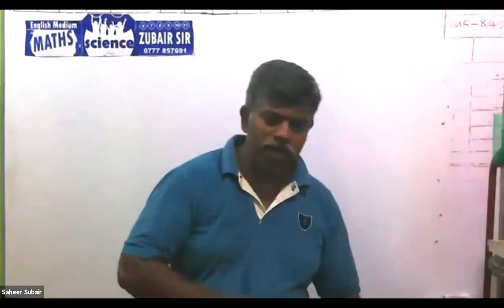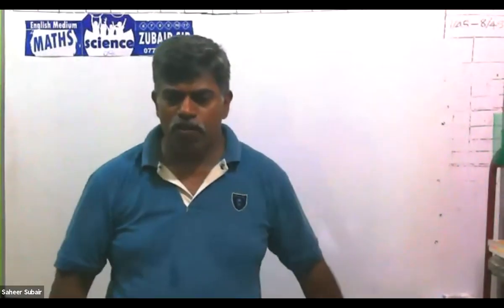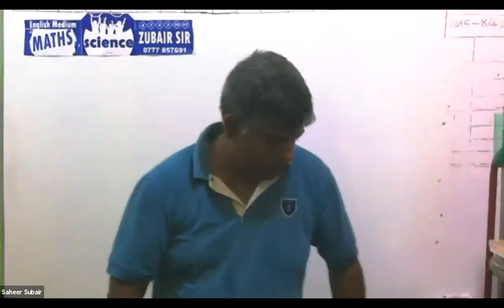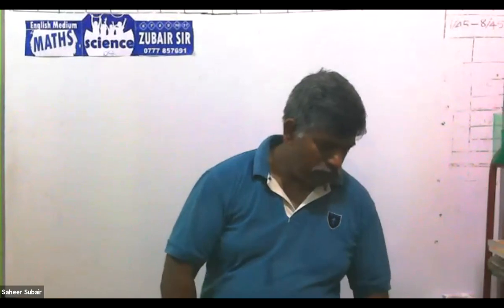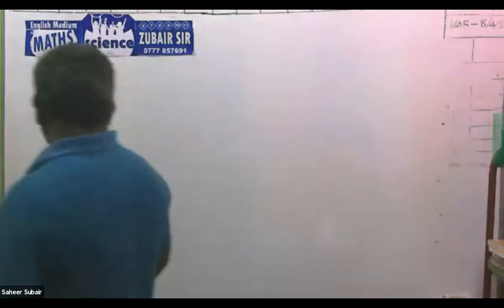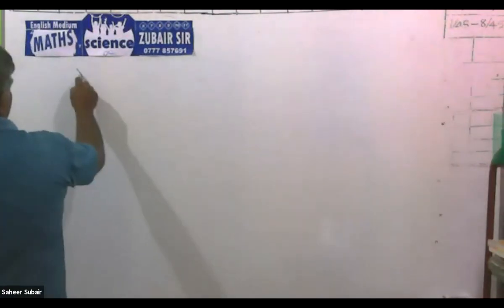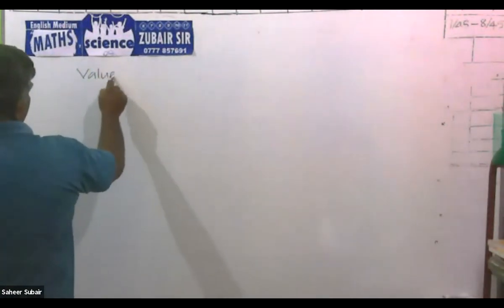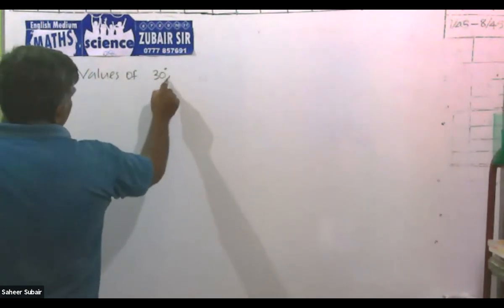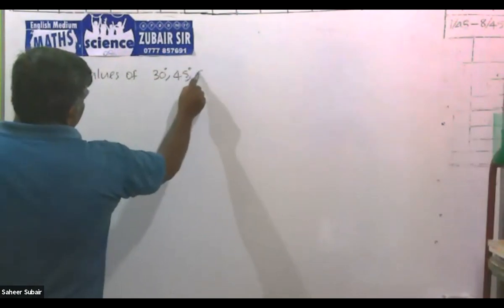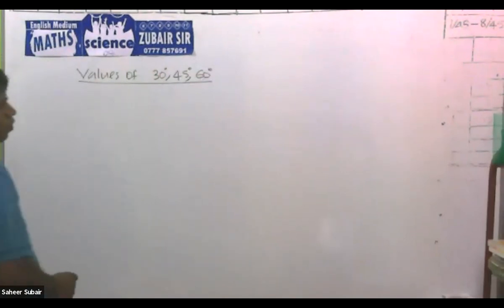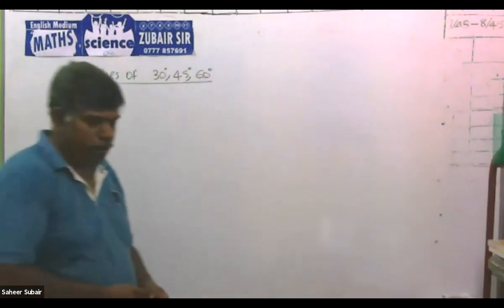Then we'll try to find some values of trigonometry ratios by using numbers. We have to find the values for 30 degrees, 45 degrees and 60 degrees.